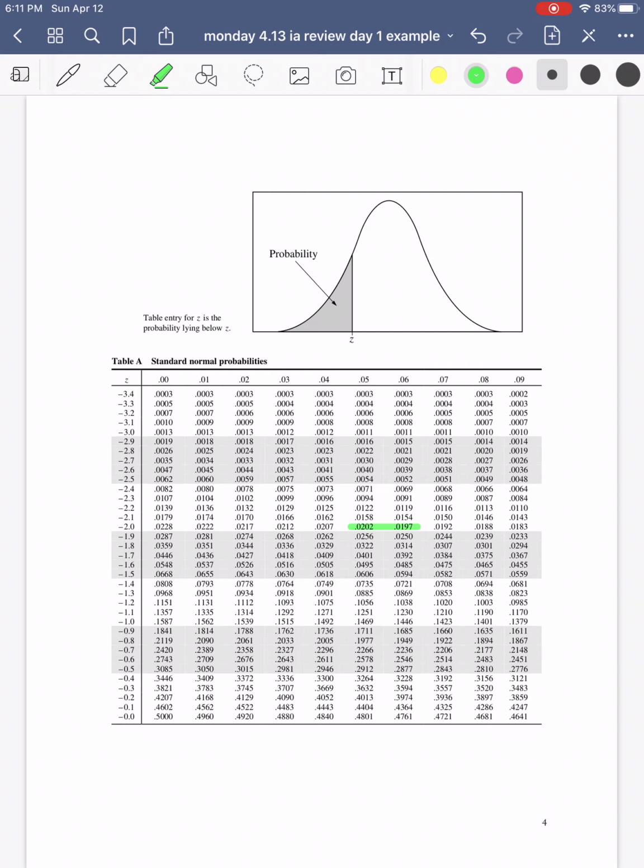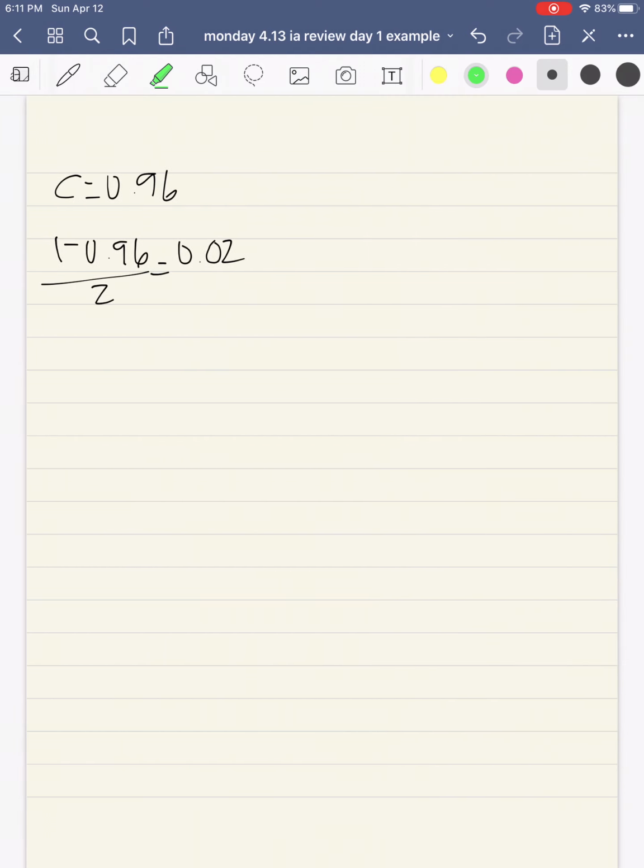So we're going to just go ahead and round down, and use 2.06 as our critical value. Again, how I did that: I took 1 minus the confidence level, divided by 2 to give me the one tail area. And since this was 96%, we looked in the middle of the table. So that tells us that Z is equal to 2.06.